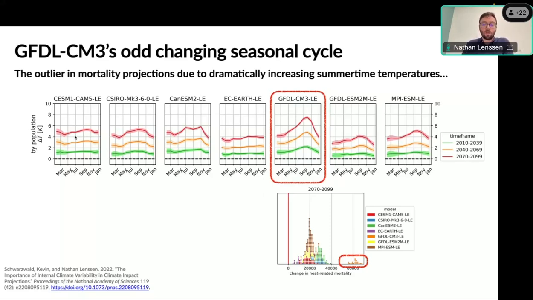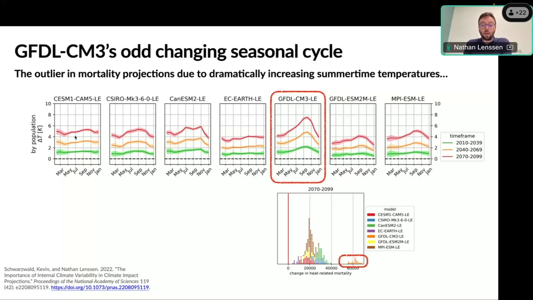So I think your question was dead on: should we be discounting this model? You'd really have to look into the physics there to have evidence for that. Or maybe this is a possible pathway our climate could go. Maybe there's some intense drying throughout the center of the country, because this really was also concentrated throughout the Great Plains into the Midwest. So it was likely some sort of precip-land crazy feedback situation.